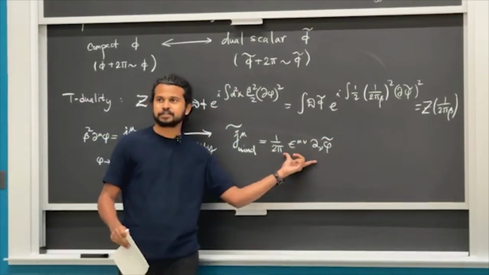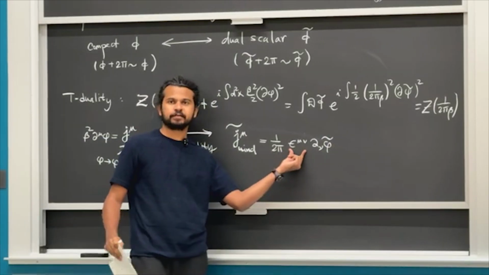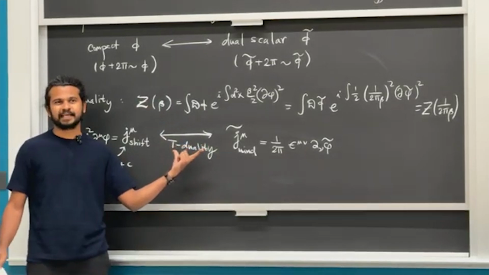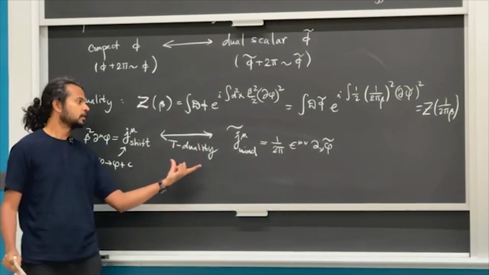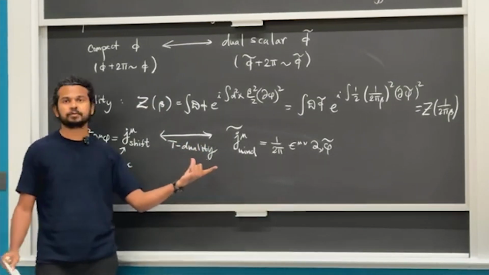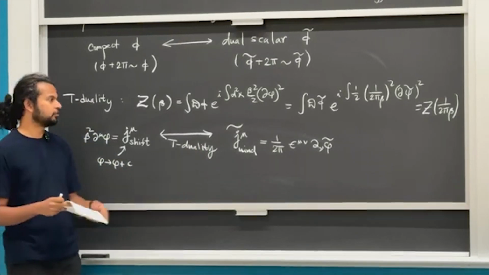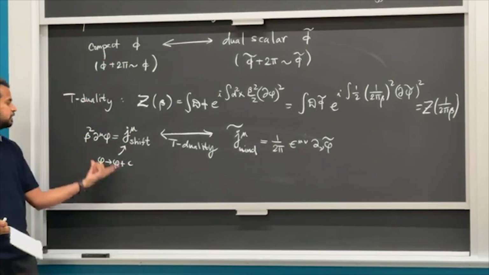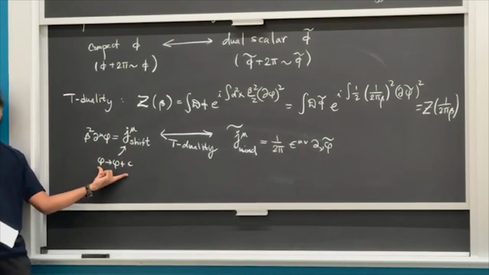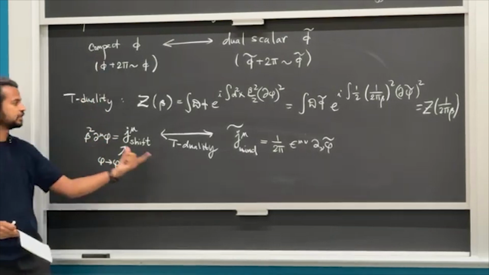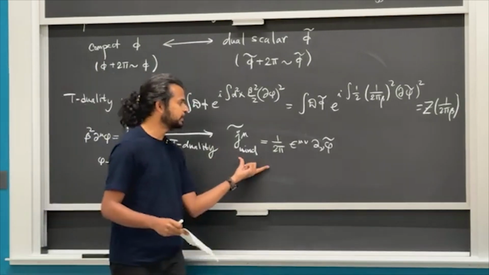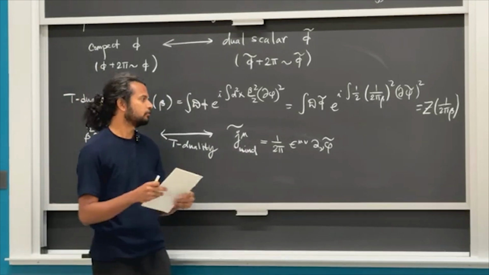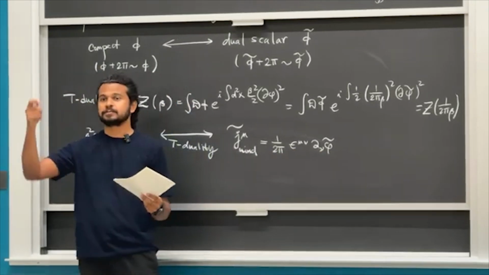And remember that this was conserved because of the antisymmetry of the epsilon mu nu, and this exchange was explained in the context of the spectrum of the zero mode, if you remember from last time. If you don't, then under T-duality, the shift current, that is the current due to the symmetry of the compact boson, gets mapped to the winding current. And the winding, remember, counts how many times the field wraps around the space.